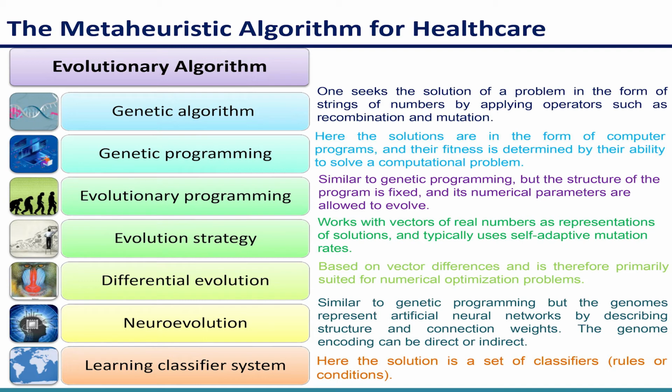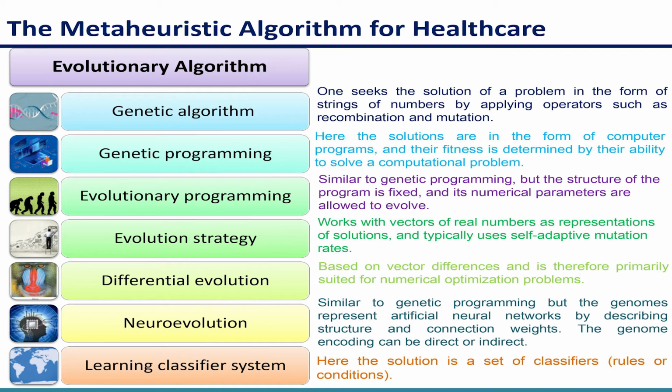Numerical optimization problems, as we mentioned in the last class, are problems that come in numerical form. For example, sugar or high blood pressure, where there is a range, right? So differential evolution is used for that type of numerical optimization problem in the system.